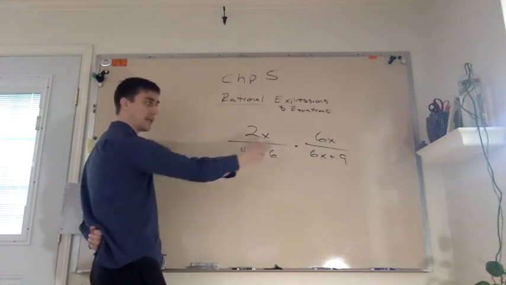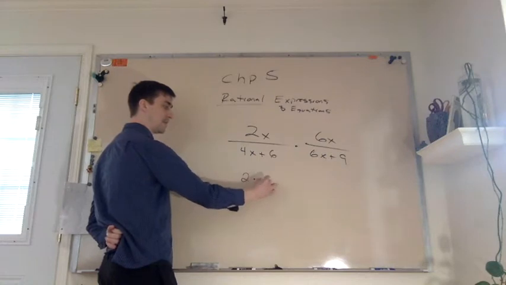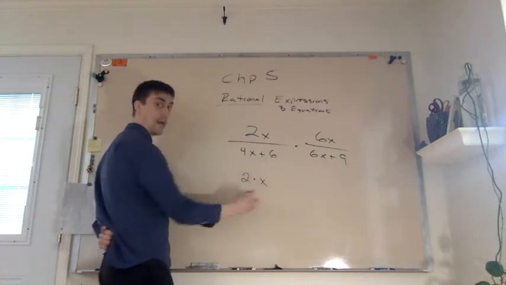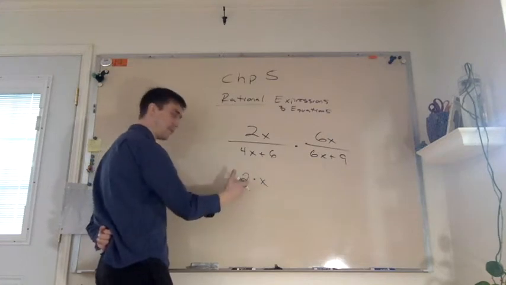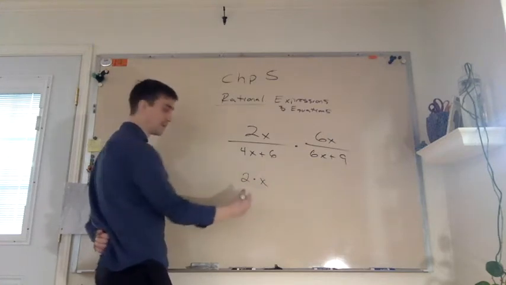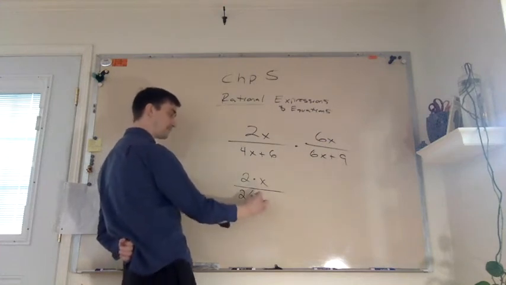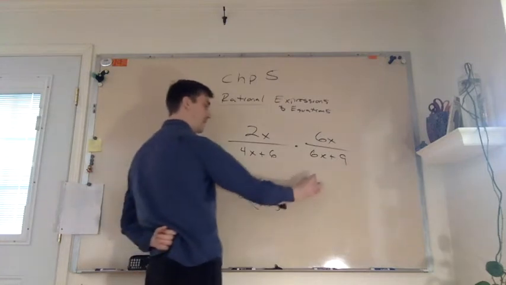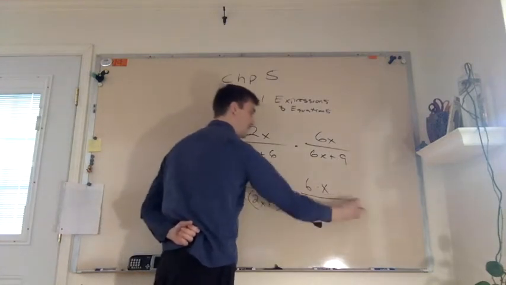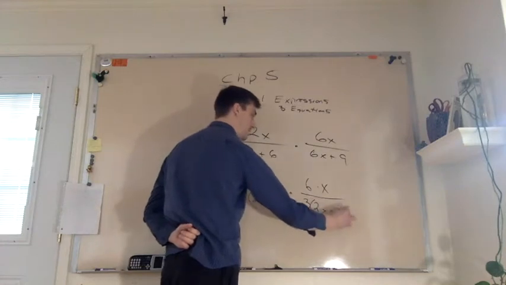So I'll just demonstrate here on this one. What I would do here to multiply these together is, and I'm going to write this really explicitly, 2x is 2 times x. So it's not technically needing to be factored, but I'm writing it as its constituent parts. This right here, 2 can be pulled out, so you can write it as 2 times x plus 3, multiplied by 6 times x divided by 3 times 2x plus 3.